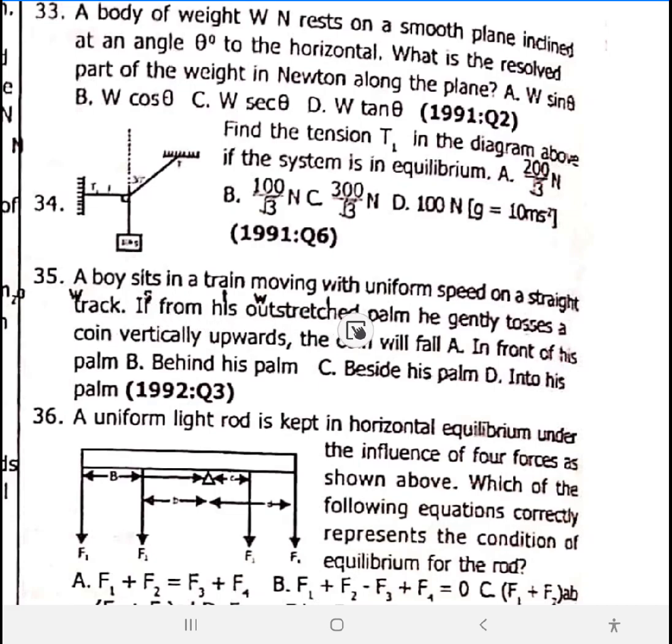If from its outstretched palm he gently toss a coin vertically upwards, the coin would fall dash. The coin will fall behind his palm. And this is because if you toss the coin up, before the coin will return, the train has moved. Hence, the coin will fall slightly beyond his palm.